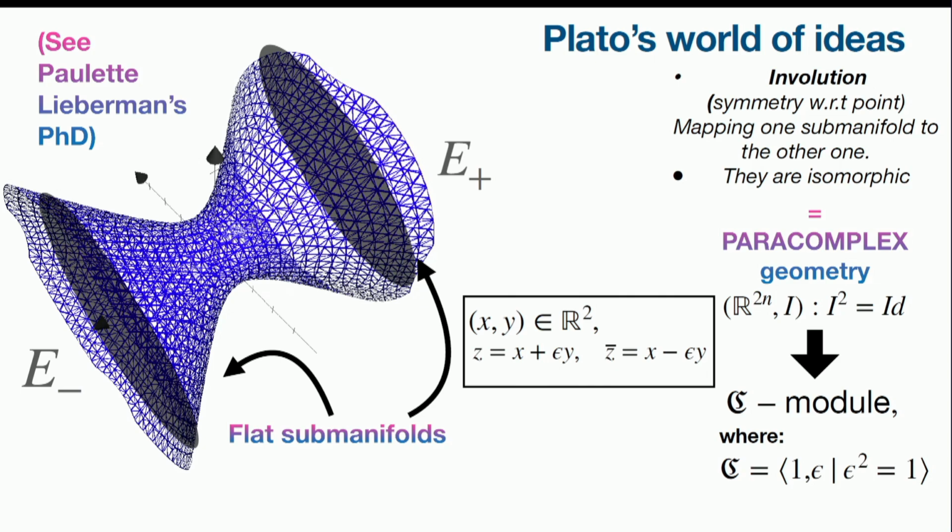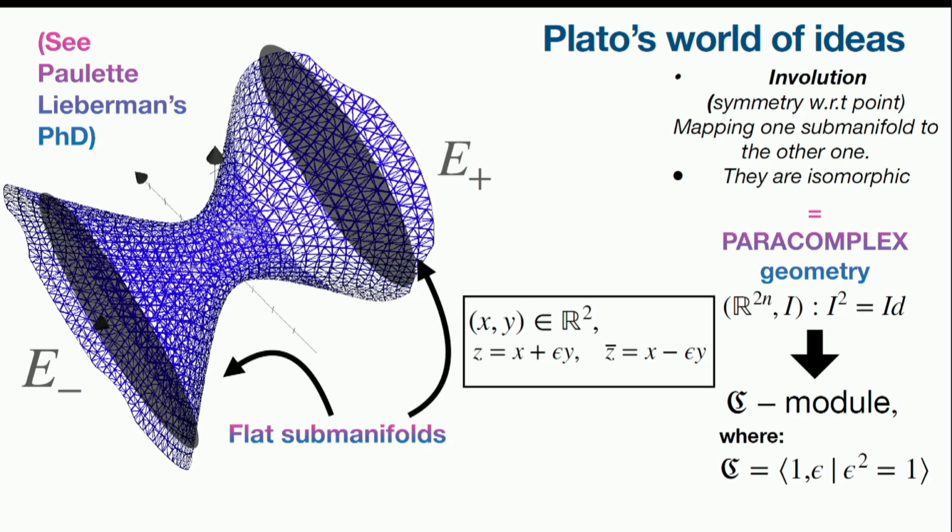If you have z, which is x plus epsilon y, where epsilon is this generator, then you have a paracomplex conjugate, which is z bar equals x minus epsilon y. So we can decompose the space into paracomplex conjugates. That will be z, and this is z bar, for example. We can always rewrite it in that way.